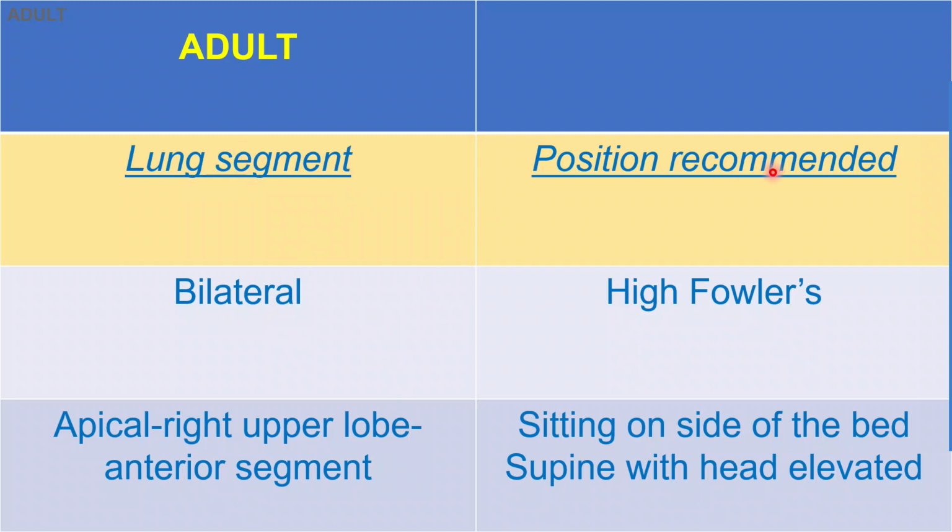This is the lung segment in the recommended position for adults. If you want to drain the bilateral lungs, you can place the client in high Fowler's position. If you're draining the apical right upper lobe anterior segment, you can place your client sitting on the side of the bed, or supine with head elevated.